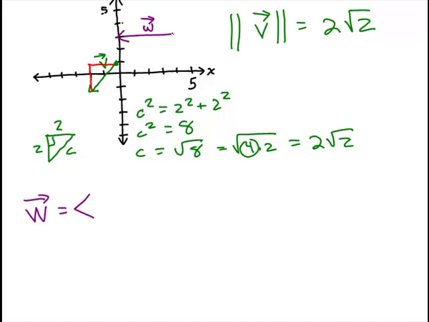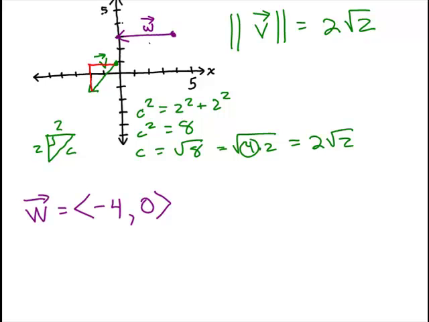Okay, so it's starting over here, and that's over 4 and up 3 spaces, by the way, and it's going directly left, 4 spaces to the left. So in the first component, which is in the horizontal direction, I'm going to the left 4 spaces. So that's -4. And then I don't have to go up or down at all, so it's 0.